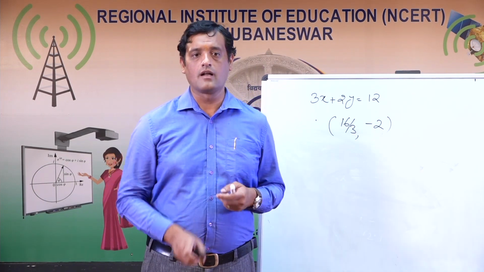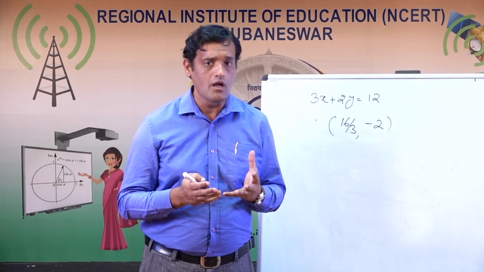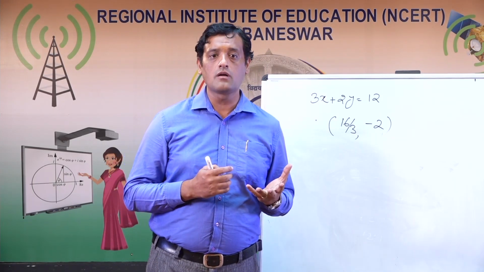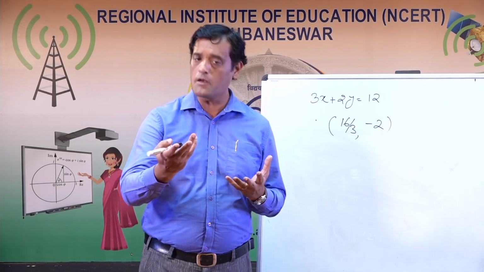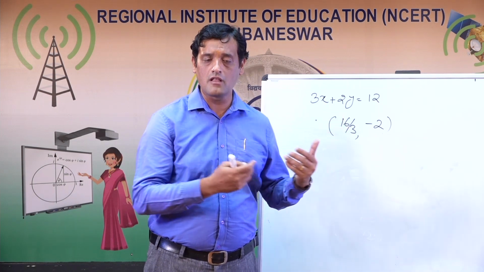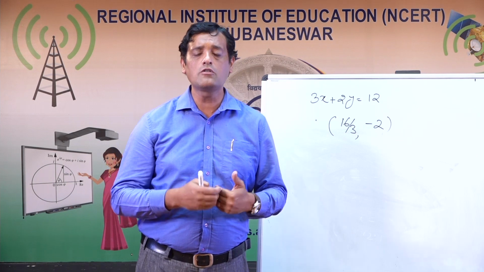Another very important conclusion is that a linear equation in two variables has infinitely many solutions. So why infinitely many? Because we have already said that we have no end point of the solutions, meaning that for x you can put any value 1, 2, 3, 4, or -1, -2, -3, 4, 5. In a similar way, in y you can keep some values, you will get the x.